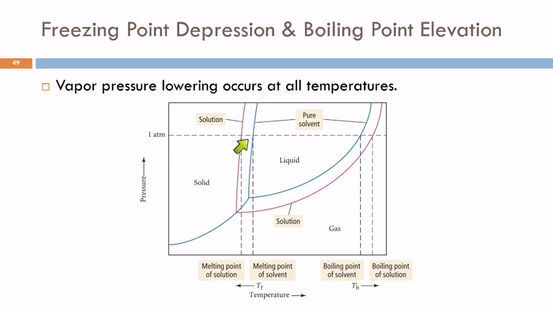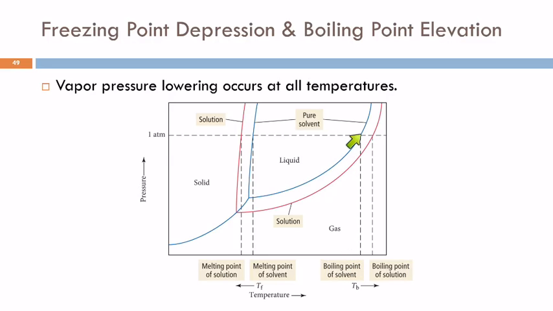So if we look here, here's our liquid, here's our gas. When the pressure is 1 atmosphere, where this evaporation line crosses 1 atmosphere tells us what the boiling point is.